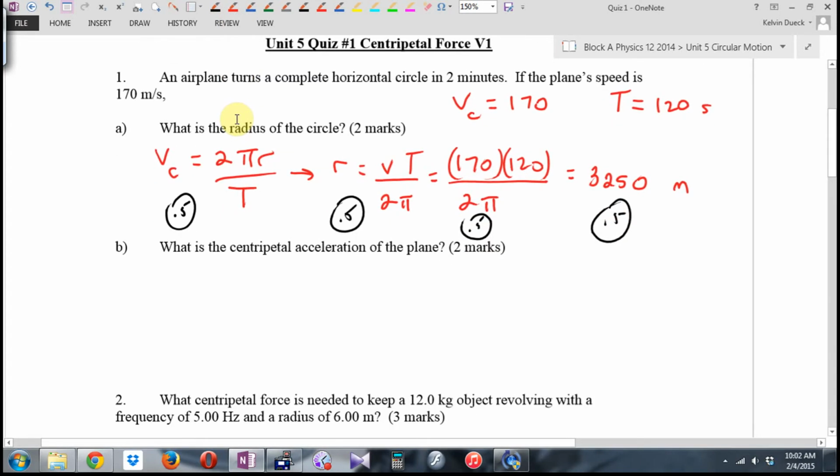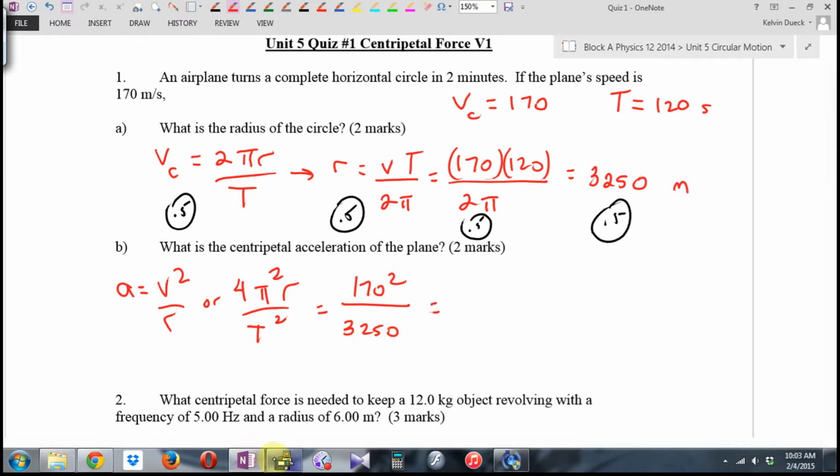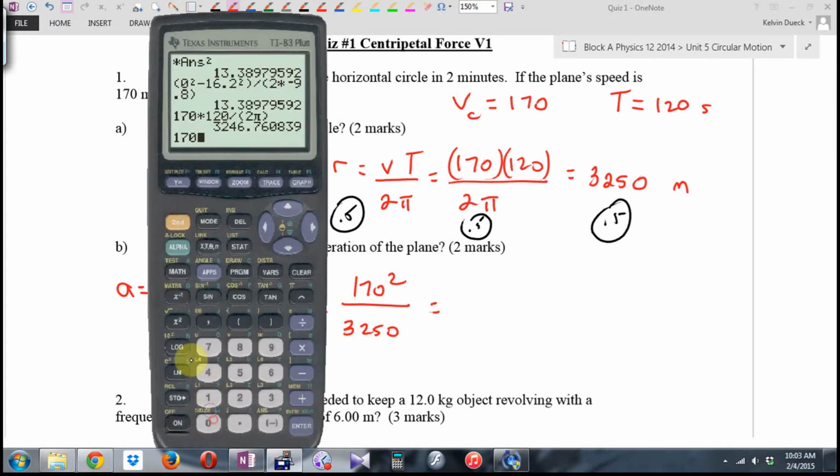What's the centripetal acceleration? Well, I can either go a equals v squared over r, or I can go 4 pi squared r over t squared. In both of them, I'm using the radius that I just found. So I'll use the shortest one: 170 squared all over 3,250, using my answer button.